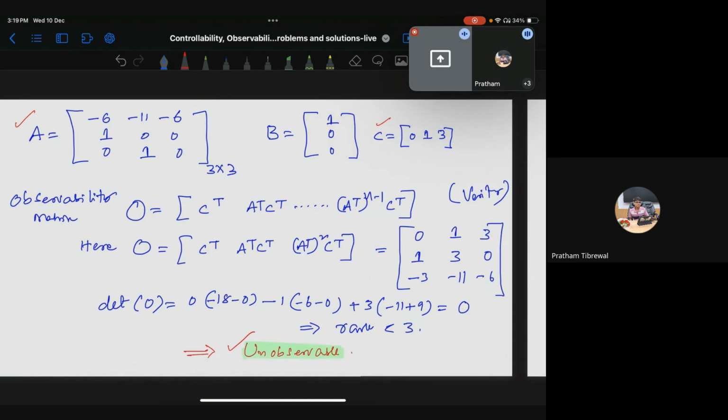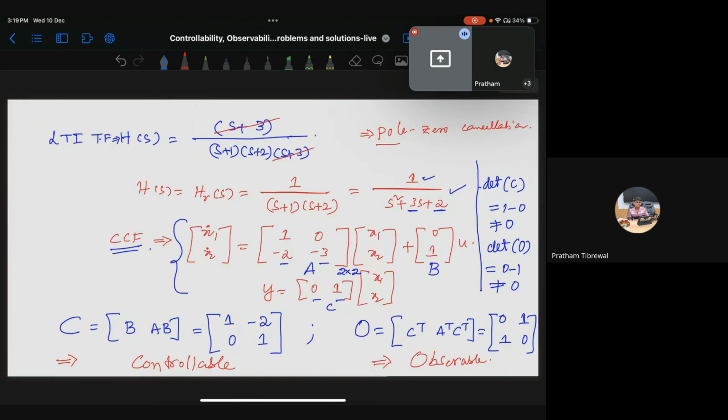Whereas when pole cancellation takes place, the system order is reduced from n equal to 3 to n equal to 2. When the system order gets reduced, it becomes controllable as well as observable. It means that the reduced system is preferred compared to the higher order system. So that's the observation here.